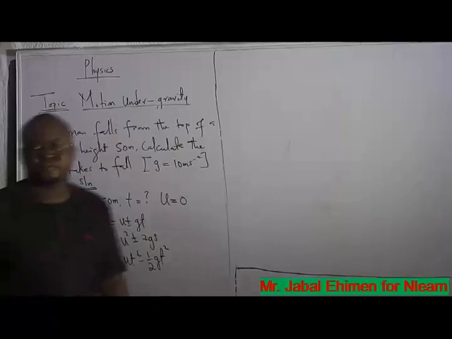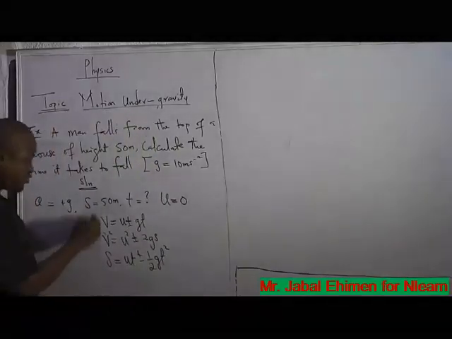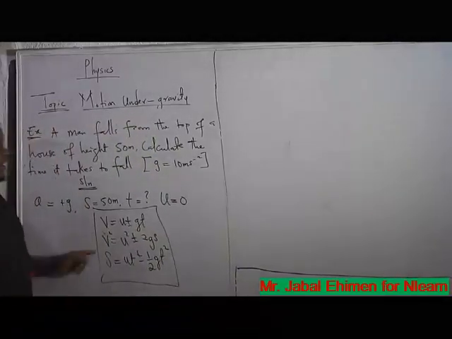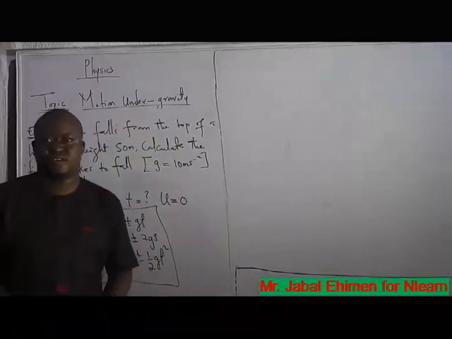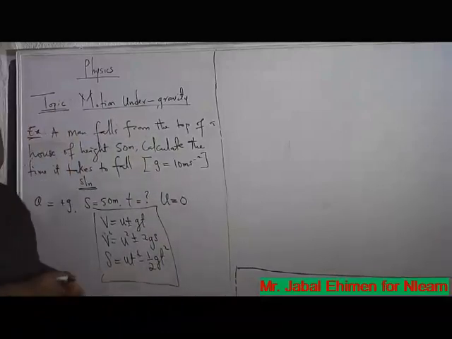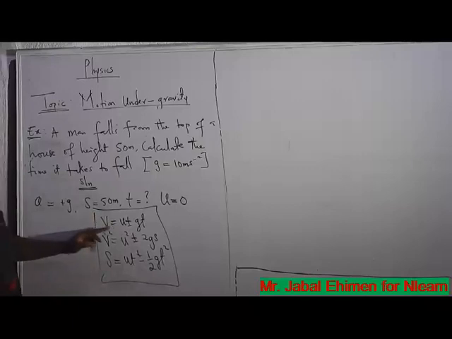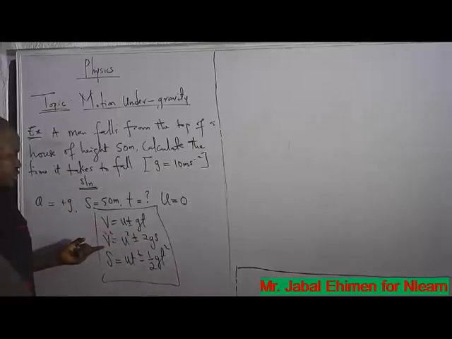Now from these three equations, which of them will satisfy this? How do you do that? It's simple. I can have v is this and that, but there is no value of s here. If I have to use the second equation, there is no value of t here.